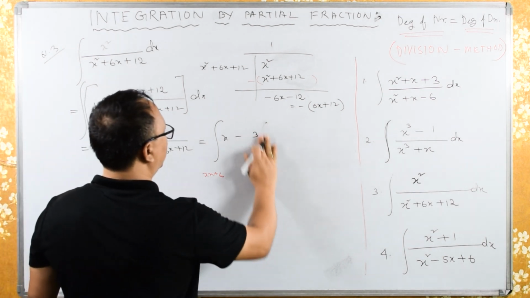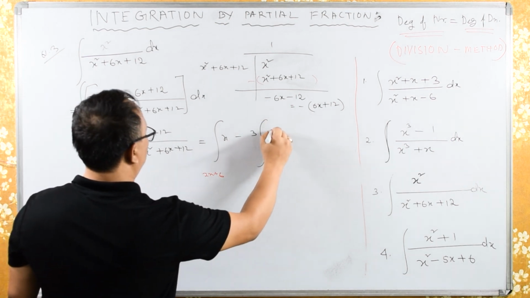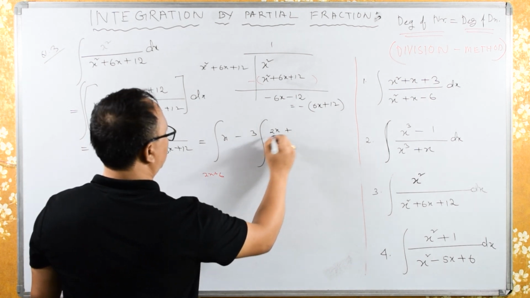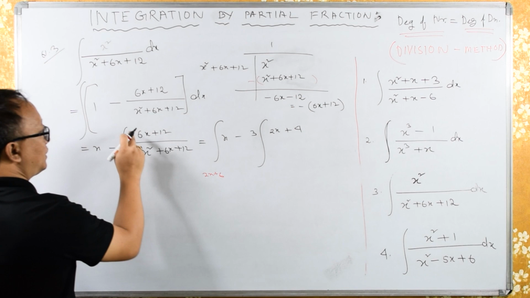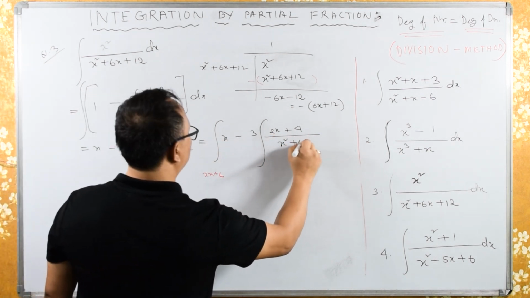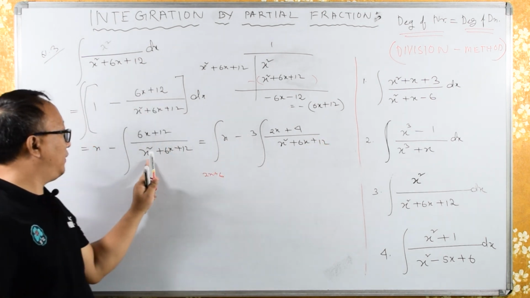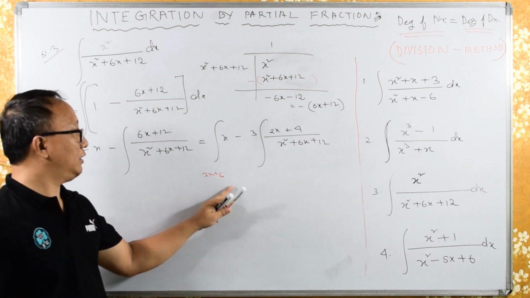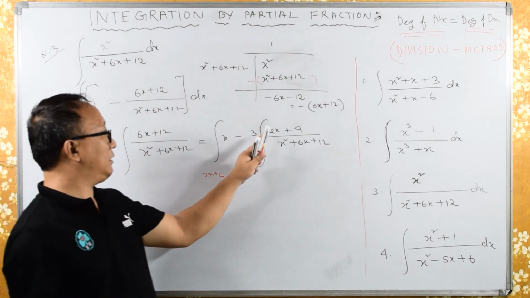So if I take 3 common, 3 times twice x plus 6, since 3 fours are 12 and 3 twos are 6, upon x square plus 6x plus 12. Why am I taking 3 common? Because the differentiation of x square plus 6x plus 12 is twice x plus 6. In order to get twice x plus 6, first try to get twice x.